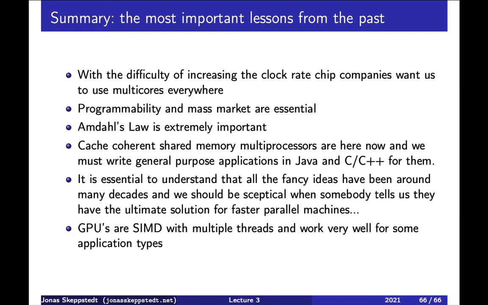Okay, and it's also really important to understand that there have been a huge number of fancy ideas for decades, but we should be skeptical when somebody tells us that they have the ultimate solution to make a faster machine which is easy to program, because it's not, usually.